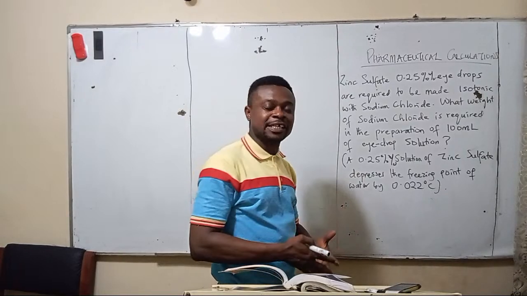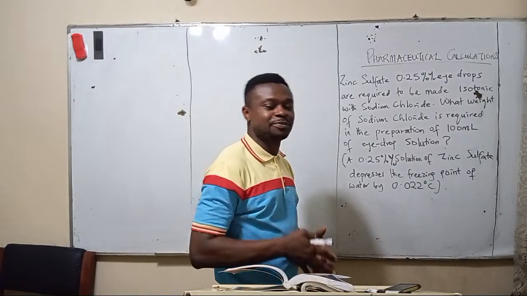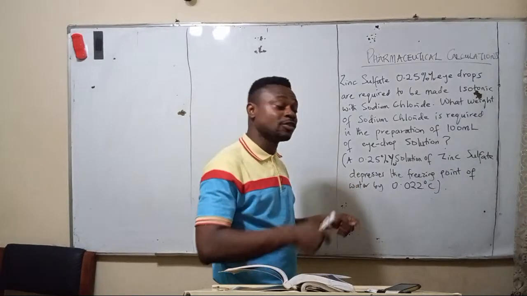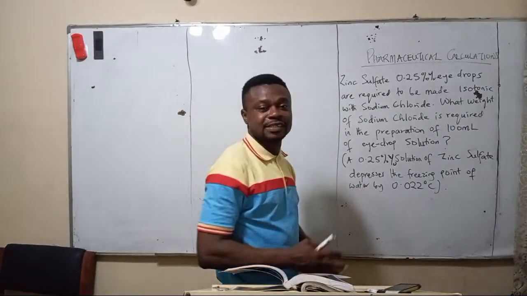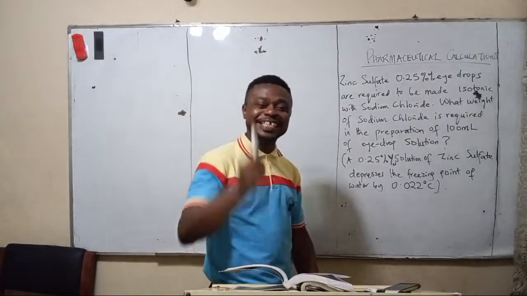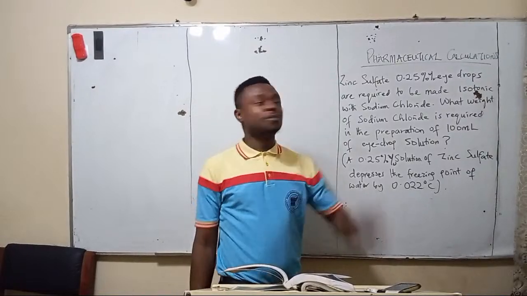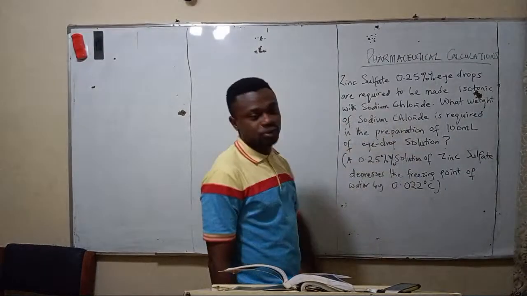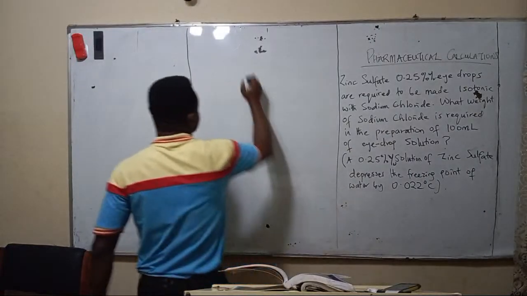If we get that percentage of sodium chloride that can cause that further depression, we now find out the amount of sodium chloride in that strength. That will give us the weight of sodium chloride we need to make this solution isotonic. So this is just a summary of what we need to do in this question. Let's take it off from there. Solution.